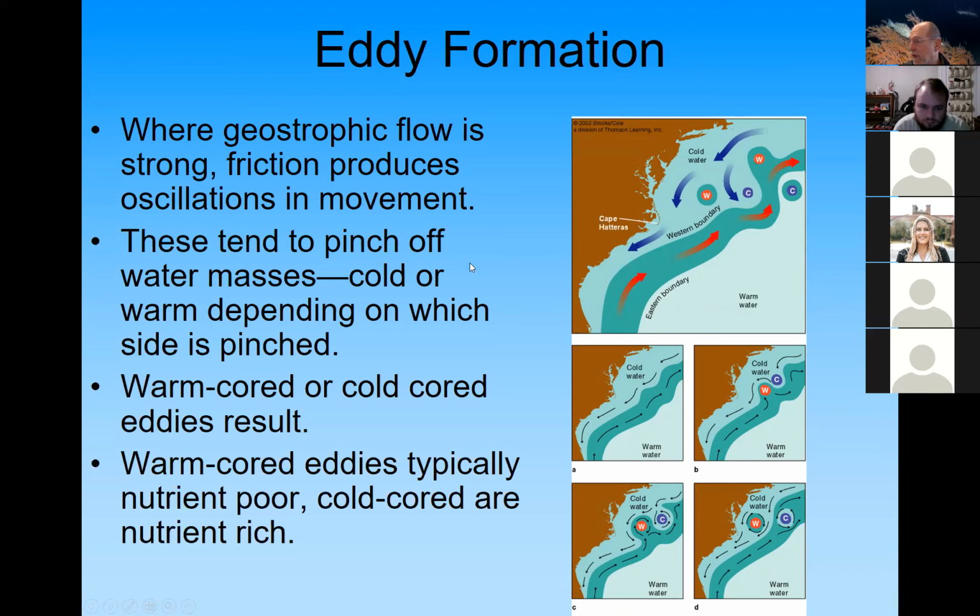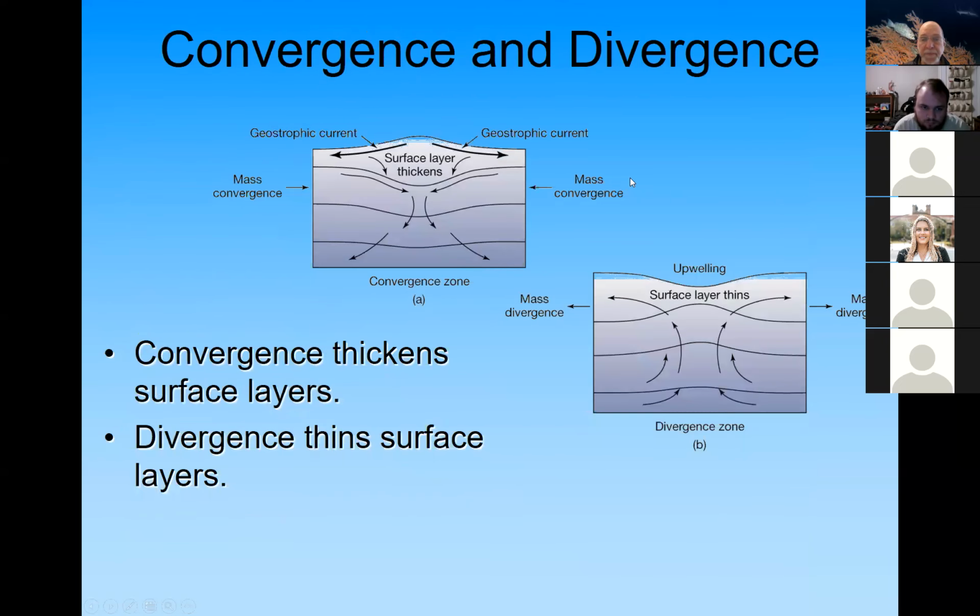So eddy formation. The other thing that can produce flow is what's called convergence and divergence. Excuse me. So let's imagine that we've pinched off a bit of the warm water from the Gulf Stream. And so you've got this eddy here, and there's a geostrophic current, a current generated by the topography of this eddy, and it flows outwards.